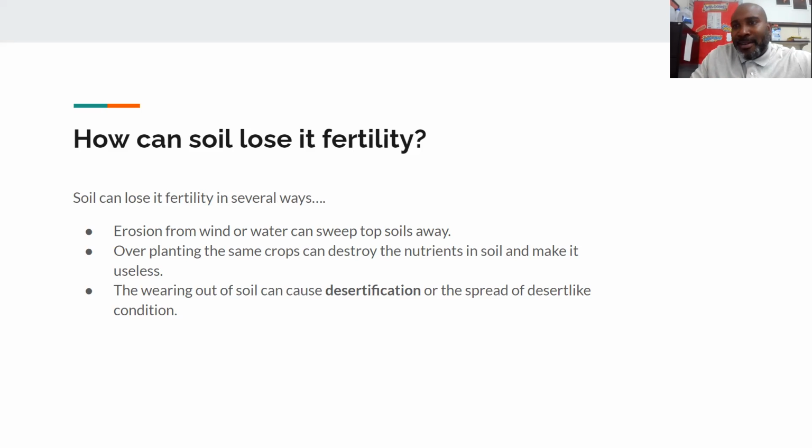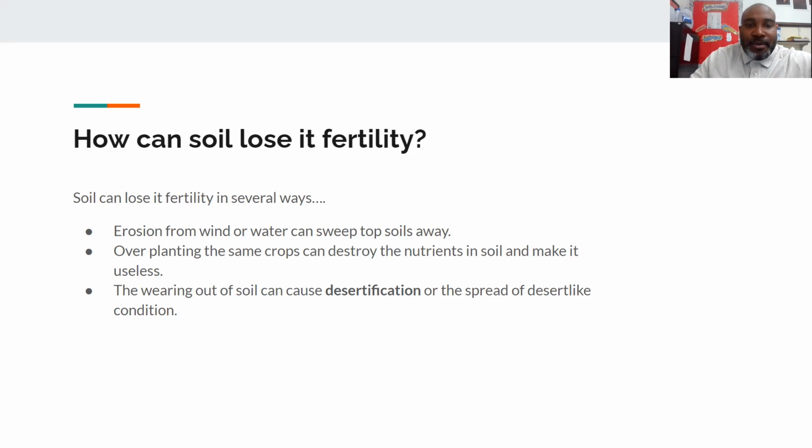So overplanting. If we just planted corn in the same place every year for five to 10 years, eventually corn is going to destroy the soil and cause it to lose fertility, because it's going to take out a lot of the nutrients, but it's not going to replenish the nutrients that the soil needs.